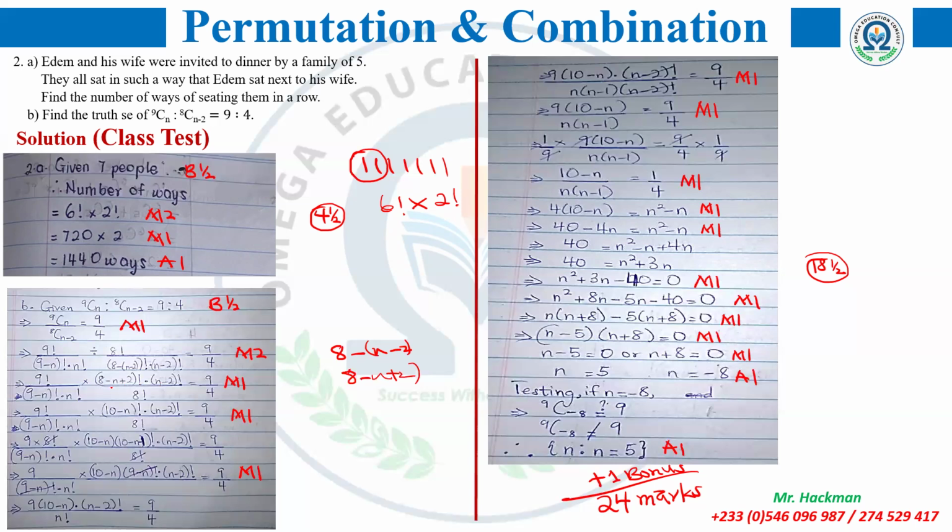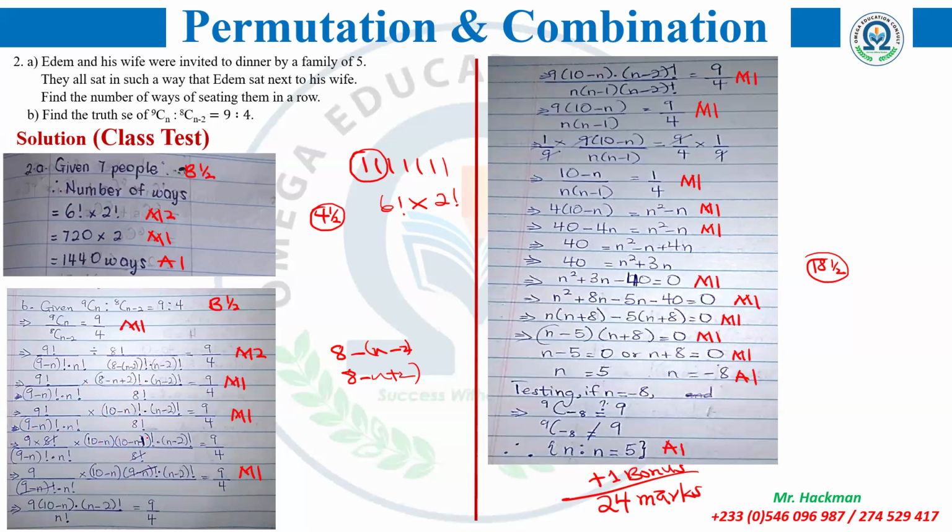So you move on. My advice is, anytime you are expanding, check which one will contain which one. When you are going to expand, you know that your 10 minus n factorial can contain 9 minus n factorial, so you expand up to that.